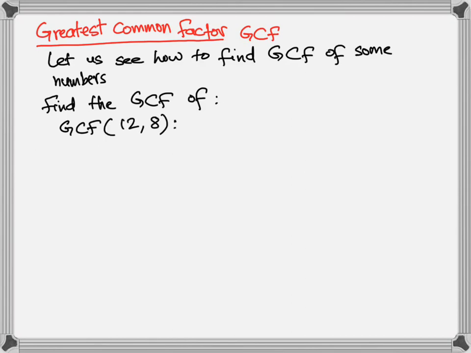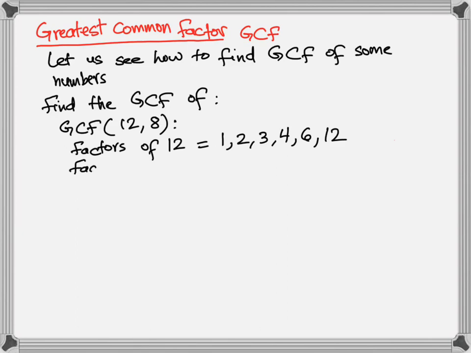First, we're going to write down 12, and then we're going to write down all the factors of 12. As you know, the factors of 12 are 1, 2, 3, 4, 6, and 12, right? And the same way I'm going to do the factors of 8.